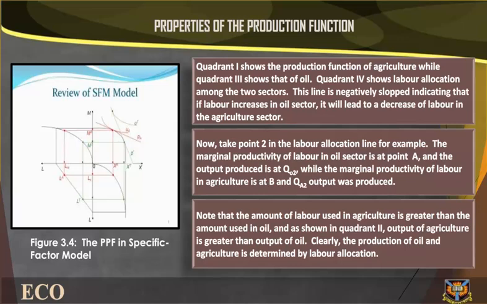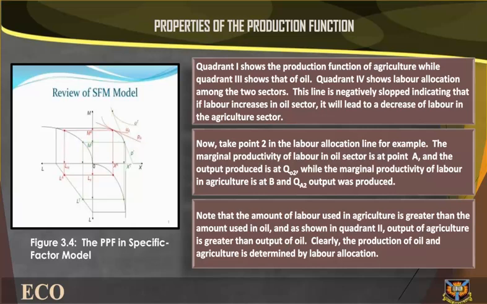Now, take point 2 on the labor allocation line. For example, the marginal productivity of labor in the oil sector is at point A and the output produced is at QO2, while the marginal productivity of labor in agriculture is at B and QA2 output was produced.